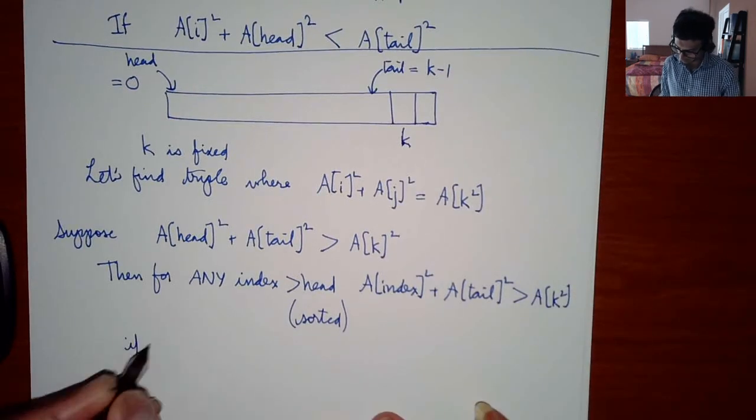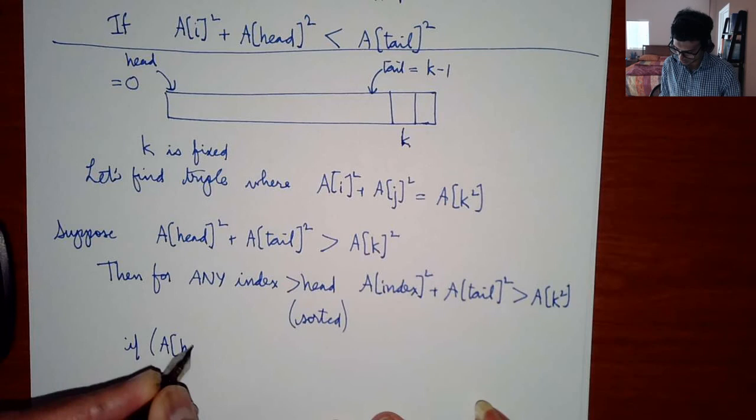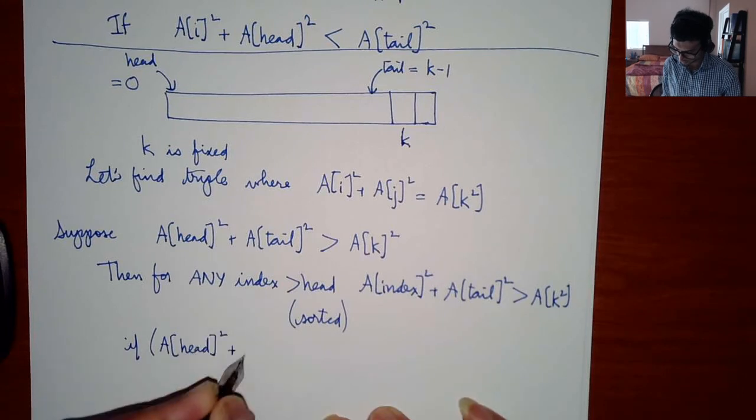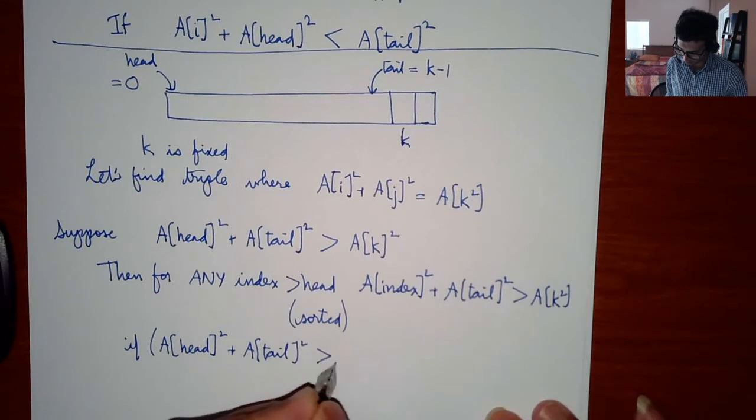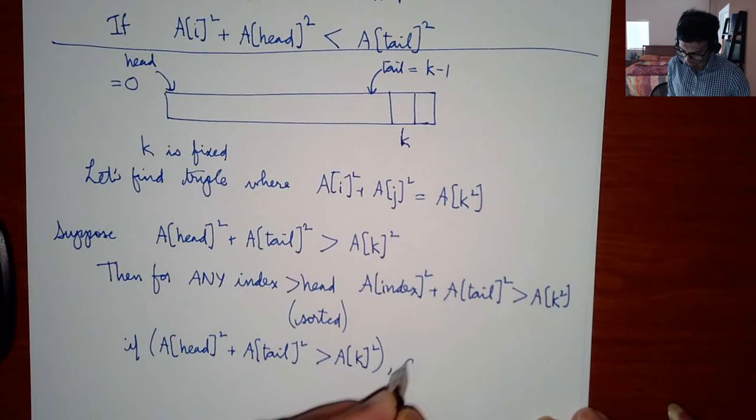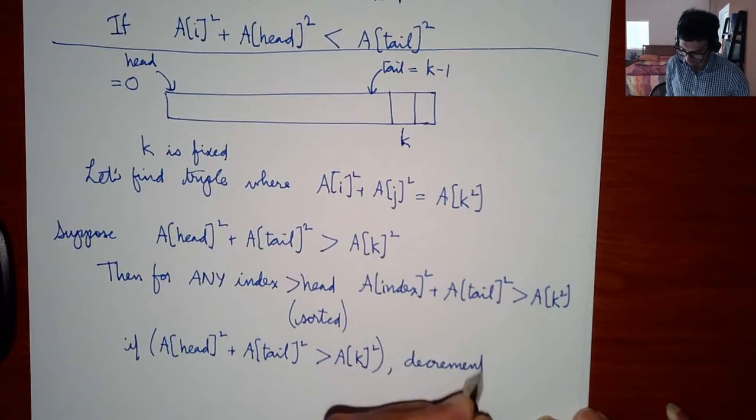If A of head squared plus A of tail squared is more than A of k squared, then you decrement tail.